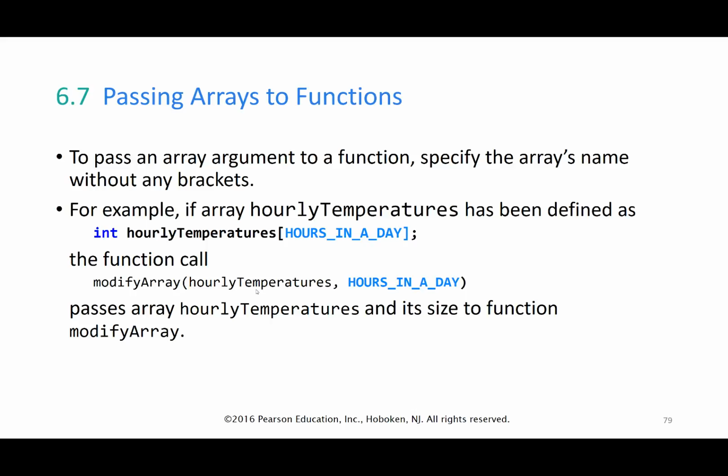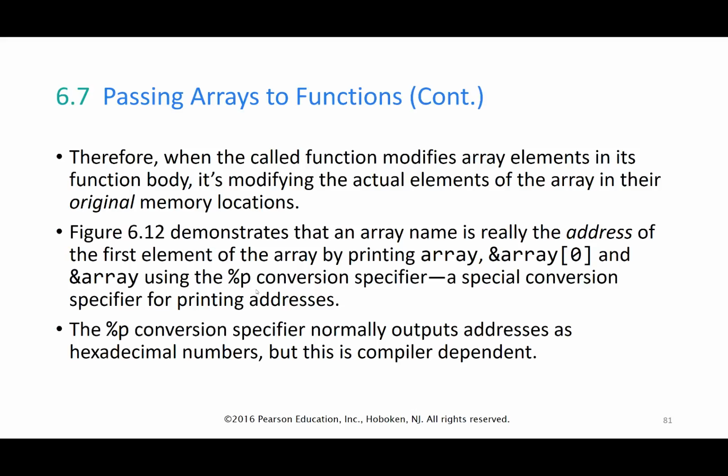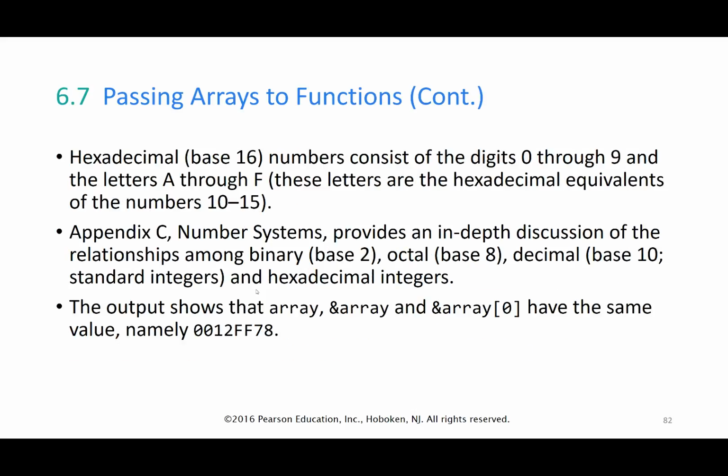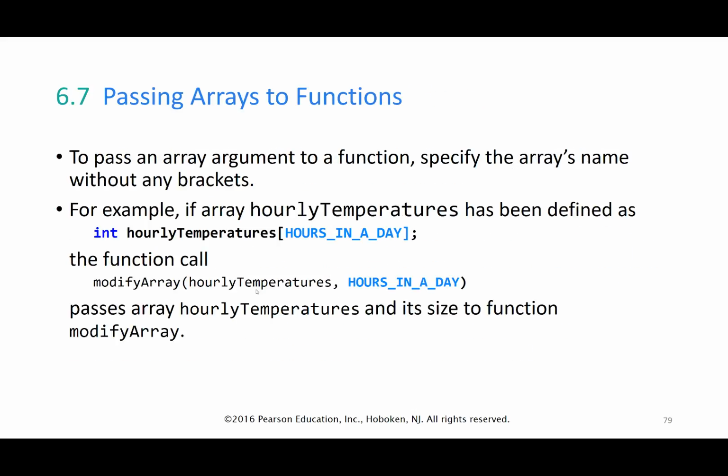Without the ampersand, and again, it's automatic. They don't really show the example in code, but we're passing it the array hourly temperatures without the ampersand. It's automatically stuck the ampersand in there for us. So we can write a function just like I did with read data.